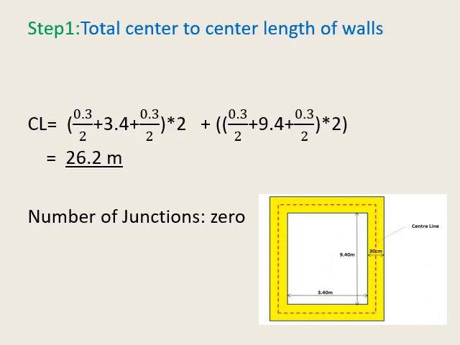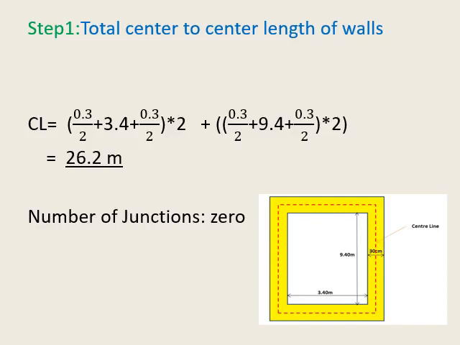Calculate now the total center line length. So how to calculate the total center line? Center line length is equal to the wall thickness, given as 0.3, that is 0.3 by 2 plus horizontal dimension 3.4 plus 0.3 by 2, into 2, because there are 2 short walls.